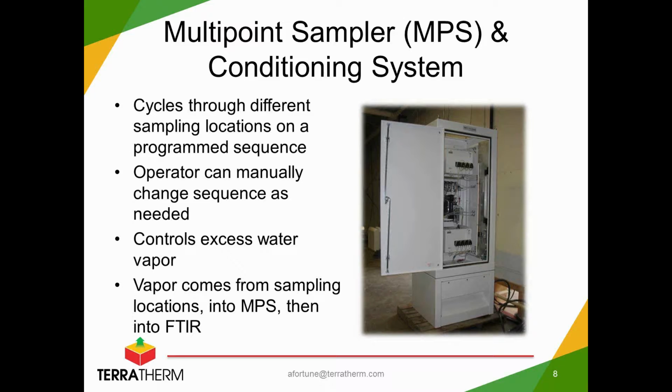So there's a photograph of the multi-point sampler and conditioning system. It's a little bit hard to see here, but you can see a little bit of all the different valves, and those white boxes inside the unit are refrigerated impingers that are knocking out the water vapor, and that water is then condensed and plumbed back to our liquid treatment system.